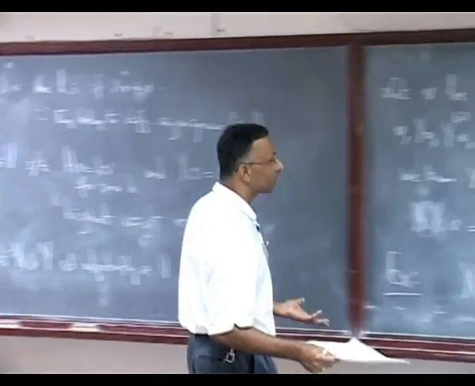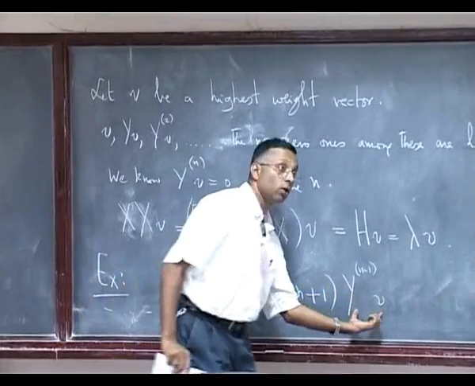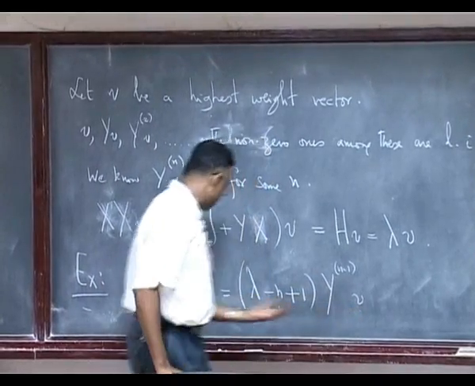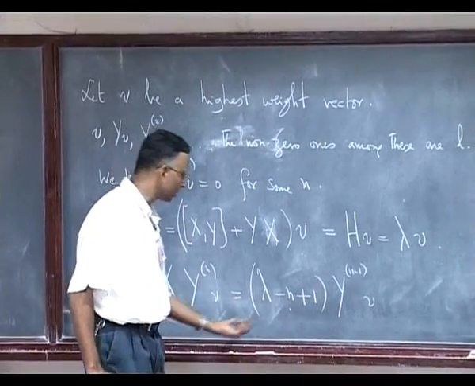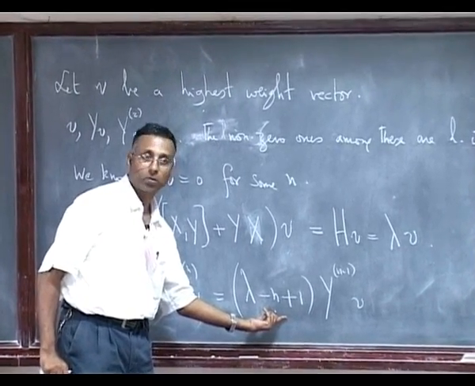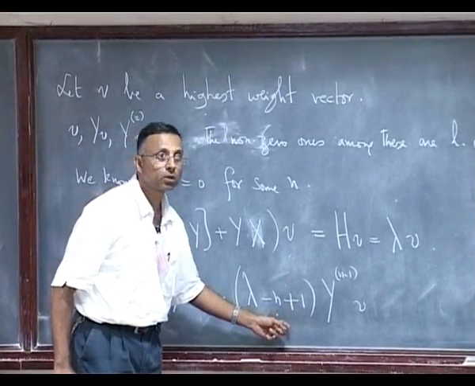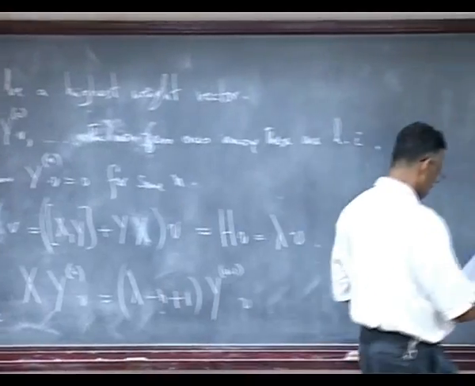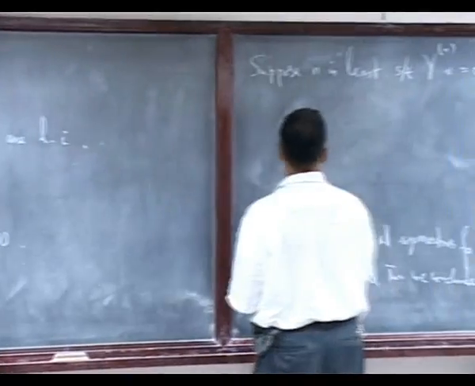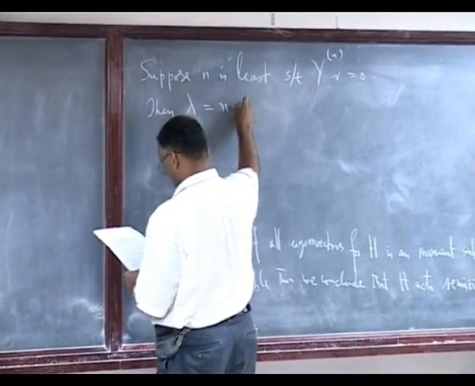But then if I plug that in, what do I get here? I get that this is non-zero. This is 0. So what does that mean? This coefficient in front must be 0. Which means that this lambda must be equal to n minus 1. So then lambda is equal to n minus 1.